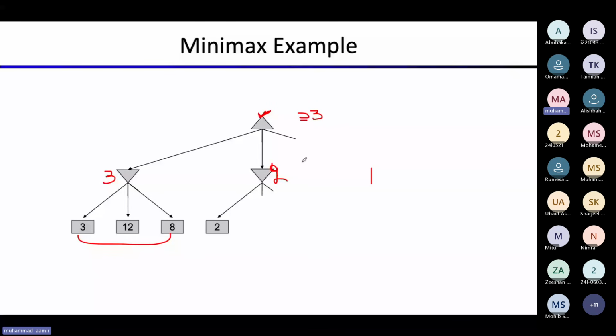If it is like this way, if it is 3, 4 and this side let's say 7, max will prefer 7, of course.